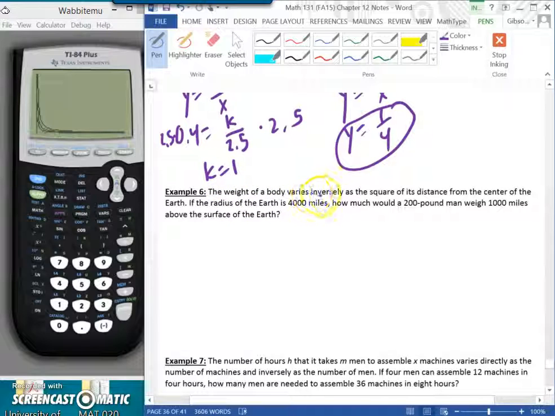It says the weight of a body varies inversely as the square of its distance from the center of the earth. If the radius of the earth is 4,000 miles, how much would a 200-pound man weigh 1,000 miles above the surface of the earth? So we have W is equal to K over D squared.